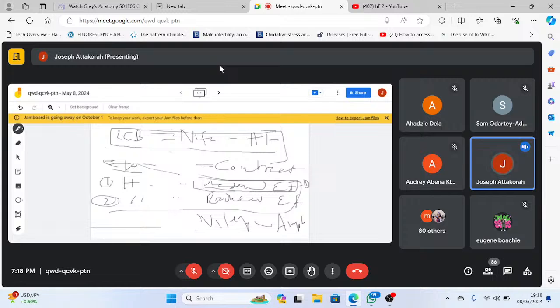He didn't say favorable, he just said it does not exert any blocking action on the heart. Okay, so that is that.